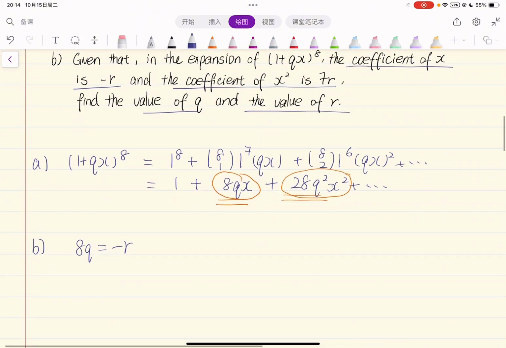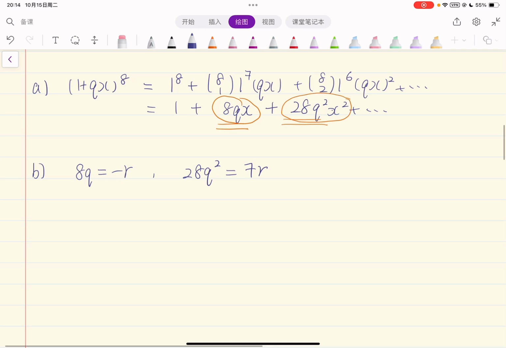So we have 28q^2 equals 7r. Now we have written down all the equations. It's time to solve them.